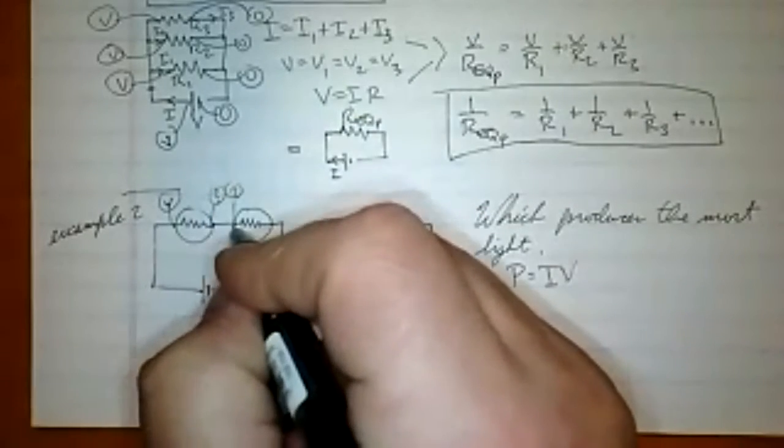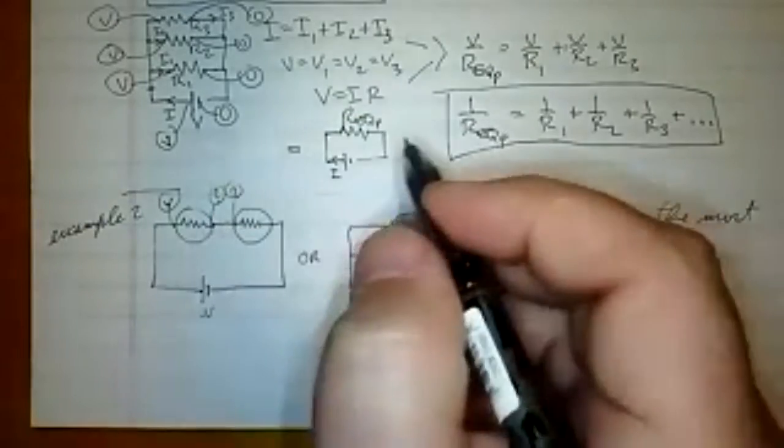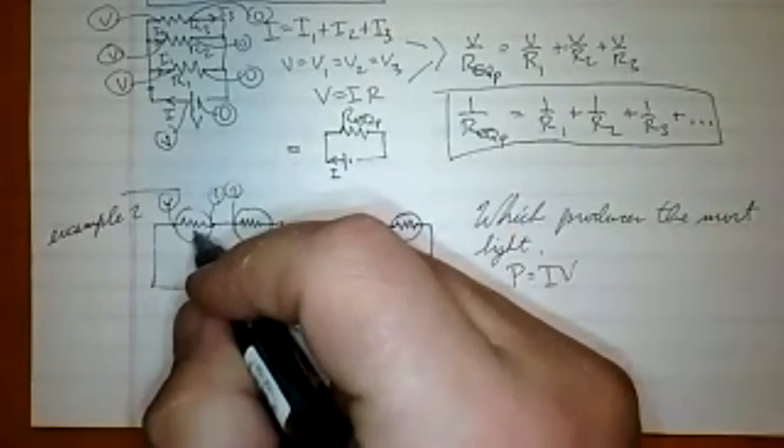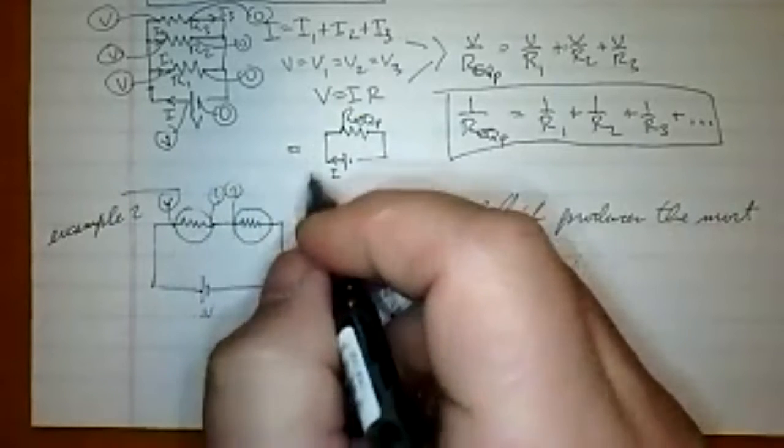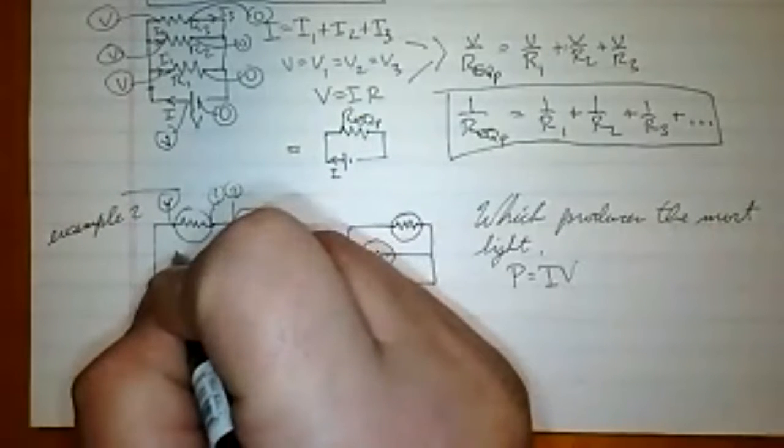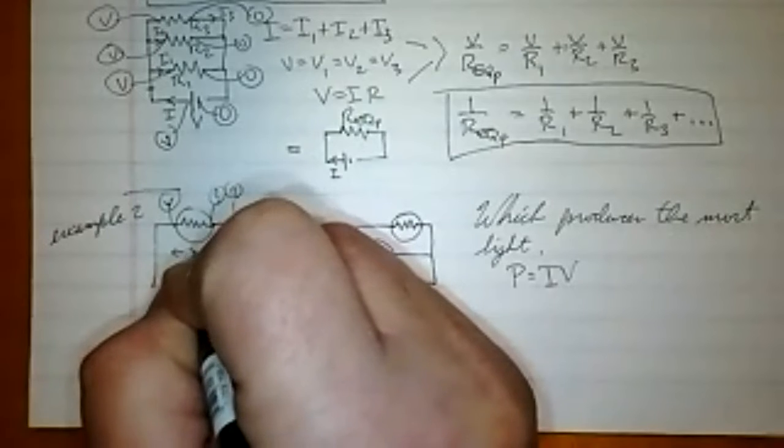So you see the voltage is dropped to something. By symmetry, if I change these, it should drop by the same amount. So in fact, what you're going to see is each one has a voltage of V over 2.